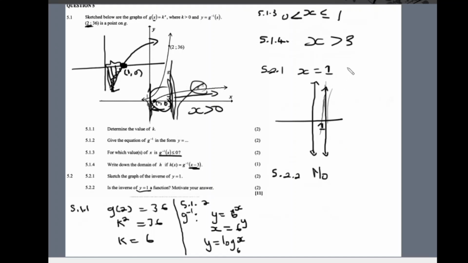So this is not a function because it is a one-to-many relation. I hope that makes sense. Okay, and then yeah, we're done answering these questions.